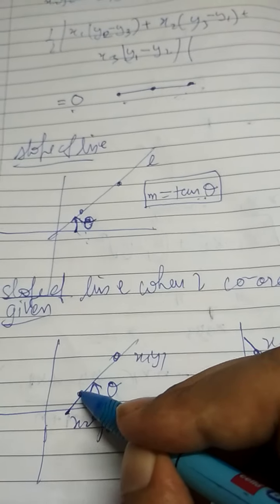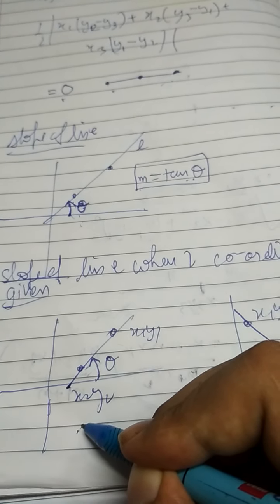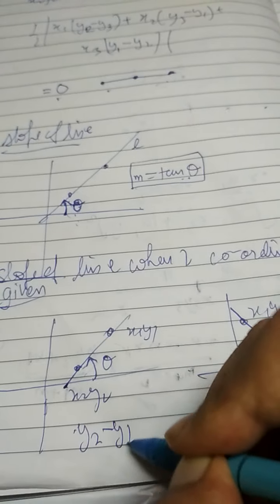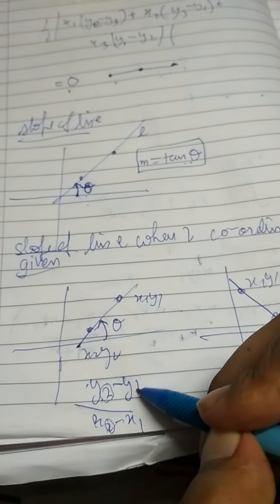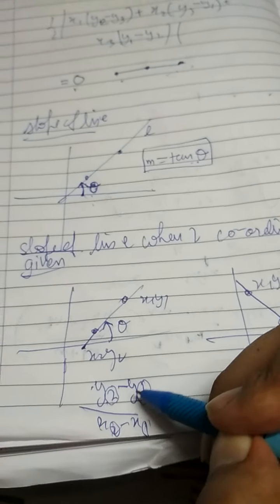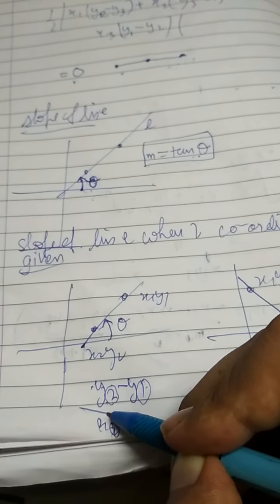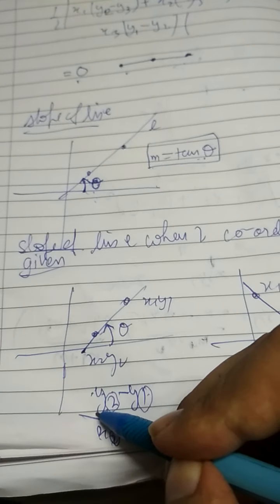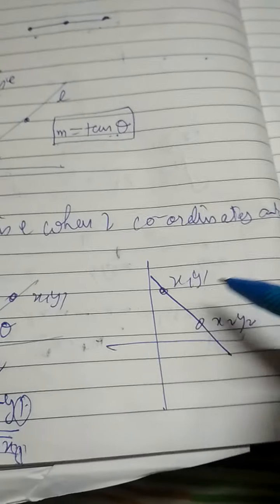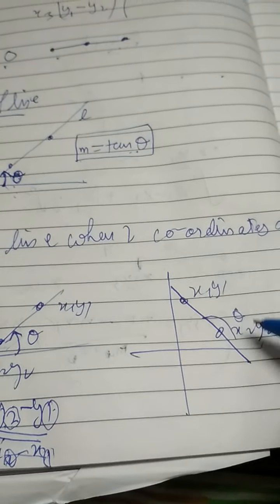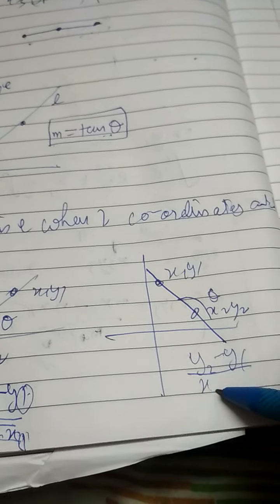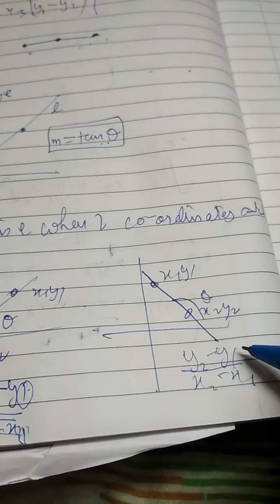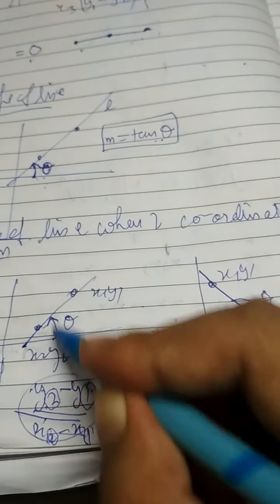What will be the tan of theta? The slope of this line will be given by y2 minus y1 divided by x2 minus x1. The order matters: y2 has come first, so x2 will come first. y1 has come second, so x1 will come second. If y1 comes first, then x1 should come first. Now if this is making an obtuse angle, the formula will be the same: y2 minus y1 divided by x2 minus x1. This is the slope of this line.